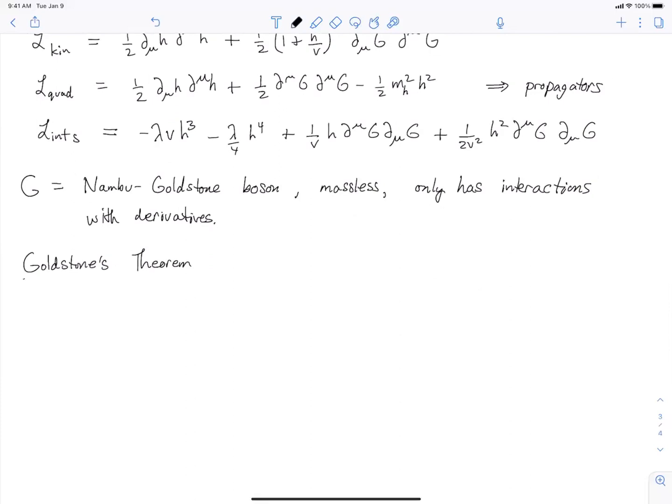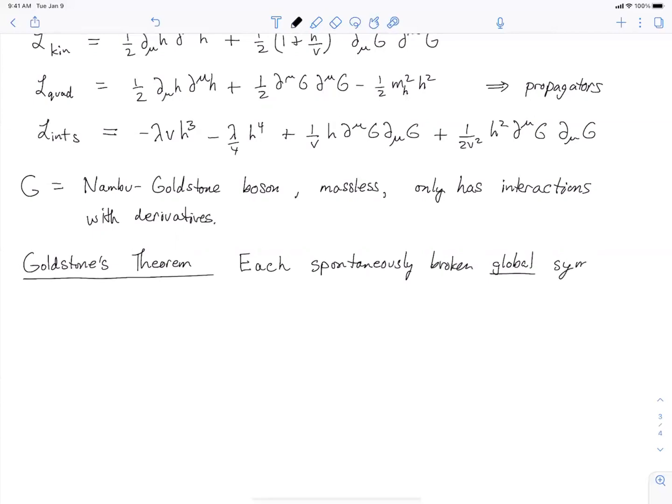We did this for a single abelian symmetry, but the general Goldstone's theorem applies to even non-abelian invariances, and it says each spontaneously broken global symmetry, and it's very important that it's global, gives you a massless Nambu Goldstone boson.